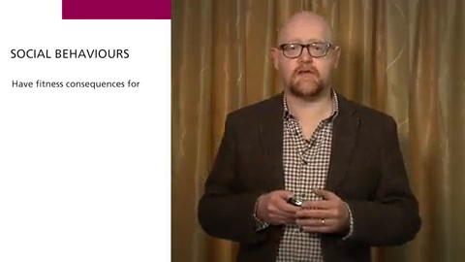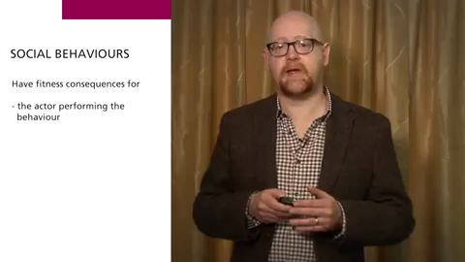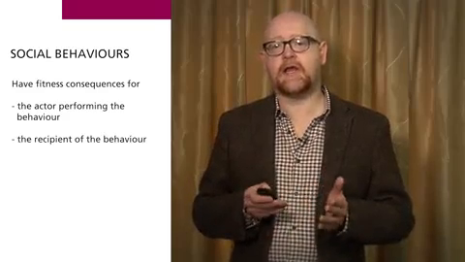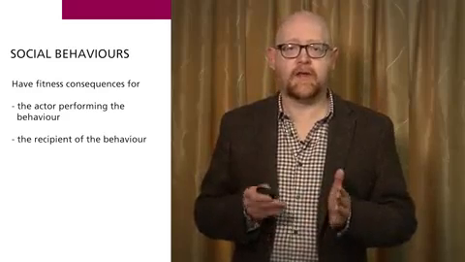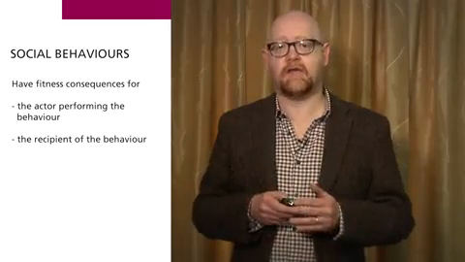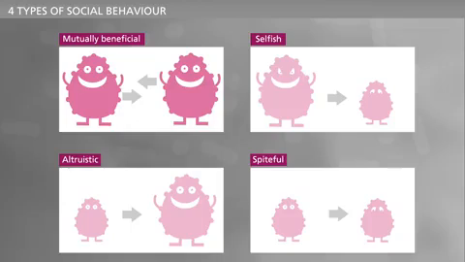Social behaviours are those which have fitness consequences for both the actor performing the behaviour and the recipient of the behaviour, and can be broadly categorised into 4 types depending on the fitness consequences for both the actor and the recipient. A behaviour that increases the fitness of the actor is mutually beneficial if the recipient also benefits, and selfish if the recipient suffers a loss.